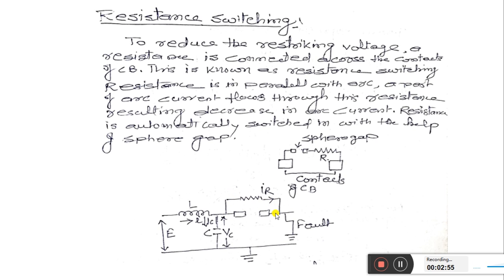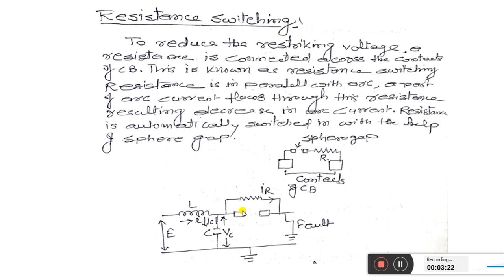During the high transient oscillation across the contacts, a part of the current can pass through the resistance to the ground, so that excess current flowing across the circuit breaker contacts is avoided, and this will reduce the arc and arc voltage also.